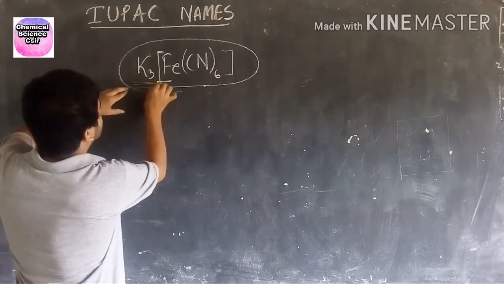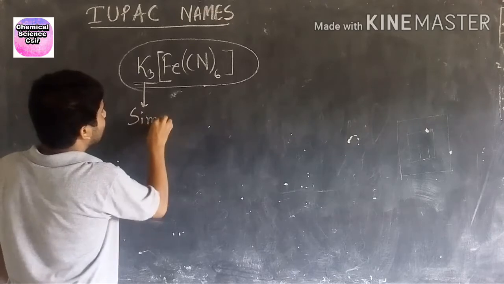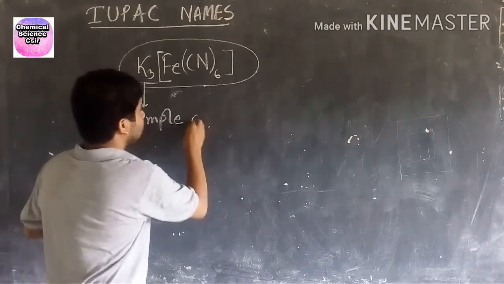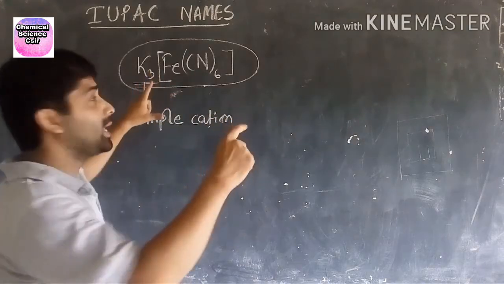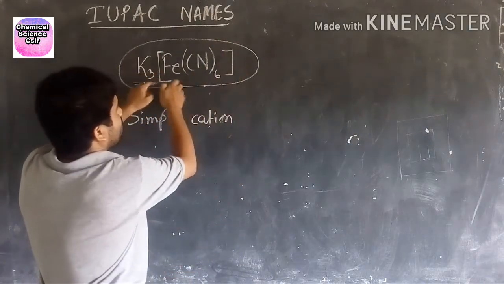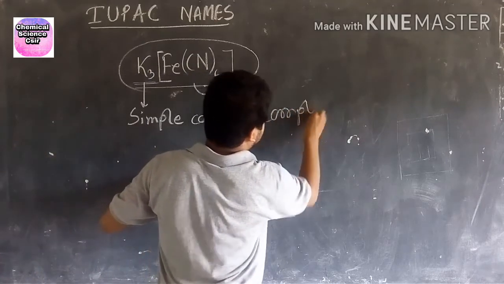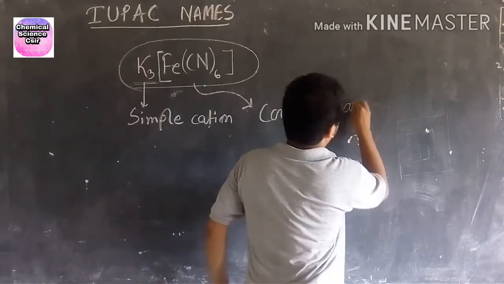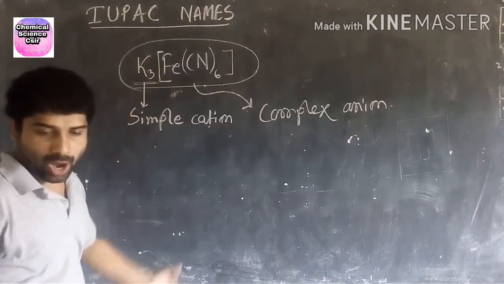See this one, this is called the simple cation, and this third bracket one is the complex anion. So how do we split this?